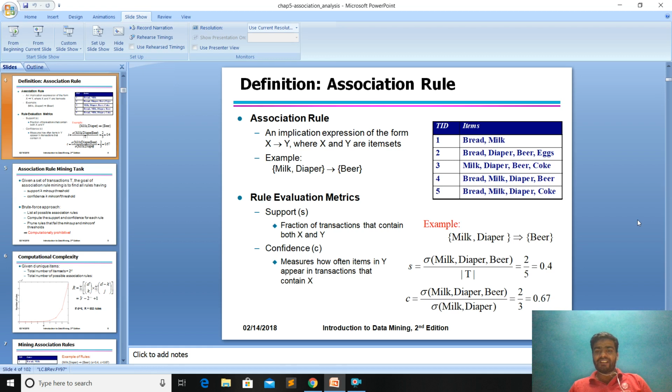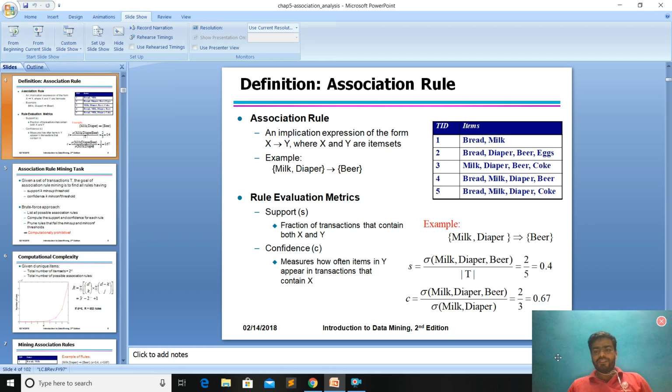If you want to calculate confidence, it is milk, diaper and beer divided by milk and diaper, where milk and diaper is X, and milk, diaper and beer is Y. So 2 by 3 is equal to 0.67. So that is confidence.